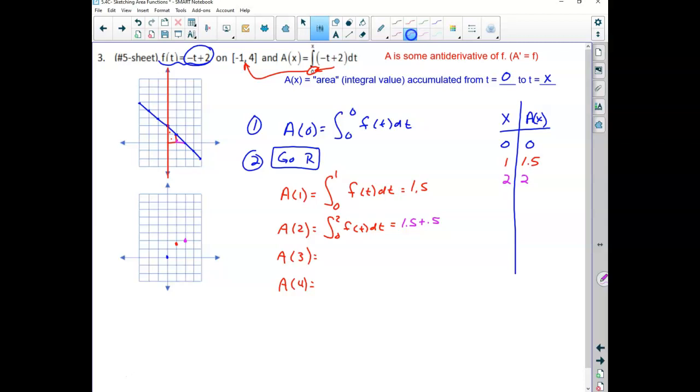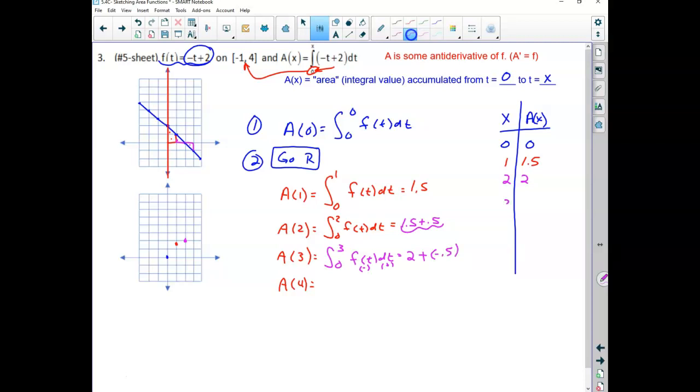Hopefully you can. And then I'm going to take 0 to 3 of my f of t dt, and I'm going to take the 2 I had before and now add the, check it out, is that positive or negative? My heights are negative. My delta x is moving right, so that's positive. So I have to add a negative 0.5 to that.